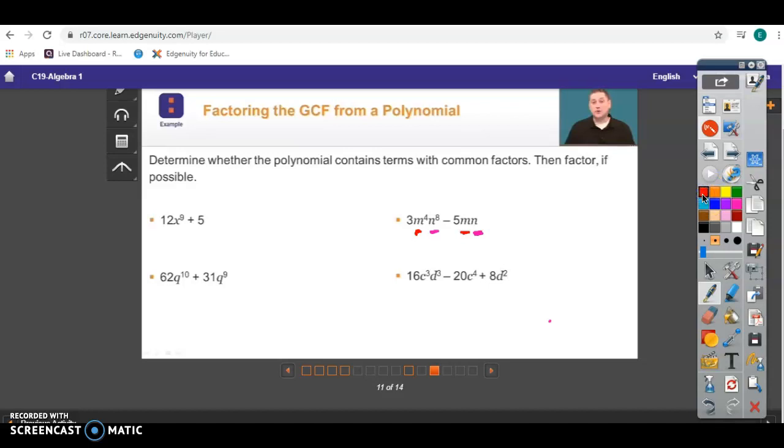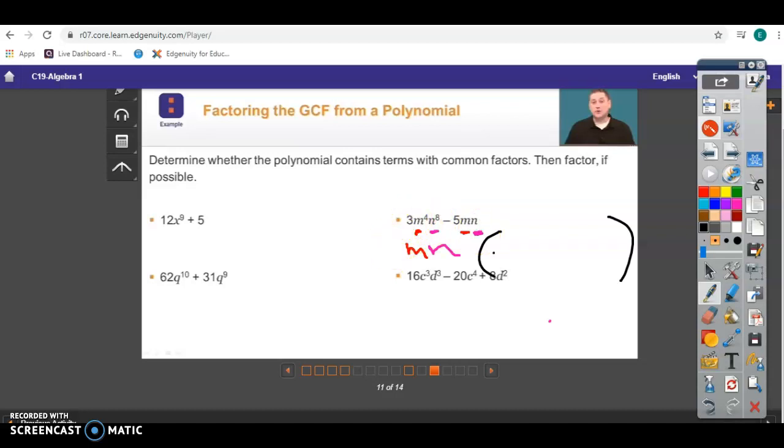So if I can take out 1 m and 1 n, what do I have left over? If I take out an m from this one, that's going to leave me with 3 m's left. And if I take out an n from this one, that's going to leave me with 7 n's. And I still have that 3 in the front because 3 divided by 1 is 3.